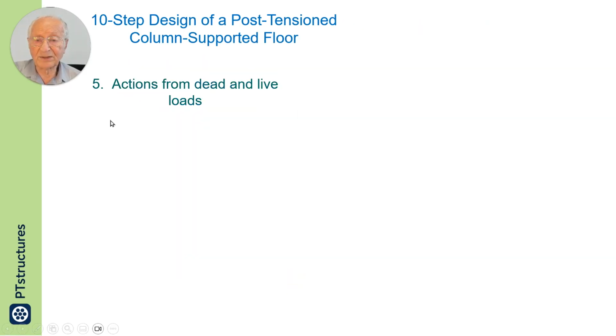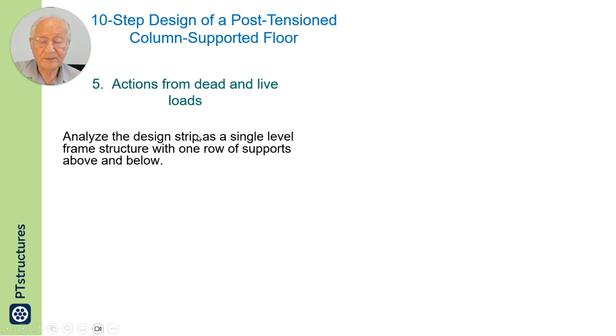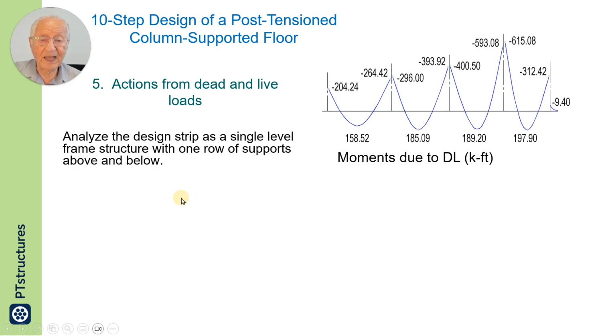Next, we calculate the actions, moments and shears due to dead and live load. Analyze the design strip as a single level frame with one row of supports above and below. The dead load moment is calculated as I show here, and you write down the left of the support, right of the support, and mid-span.